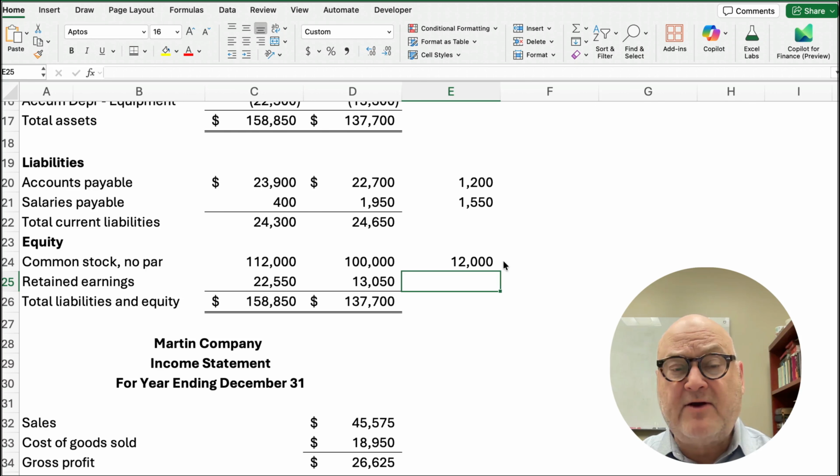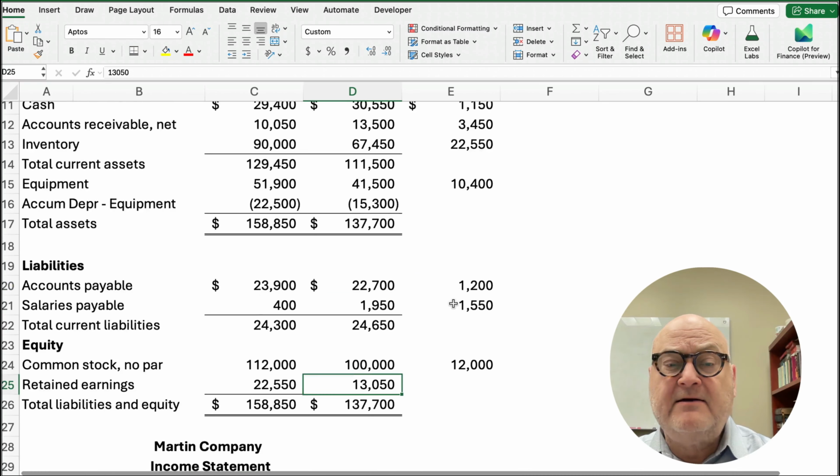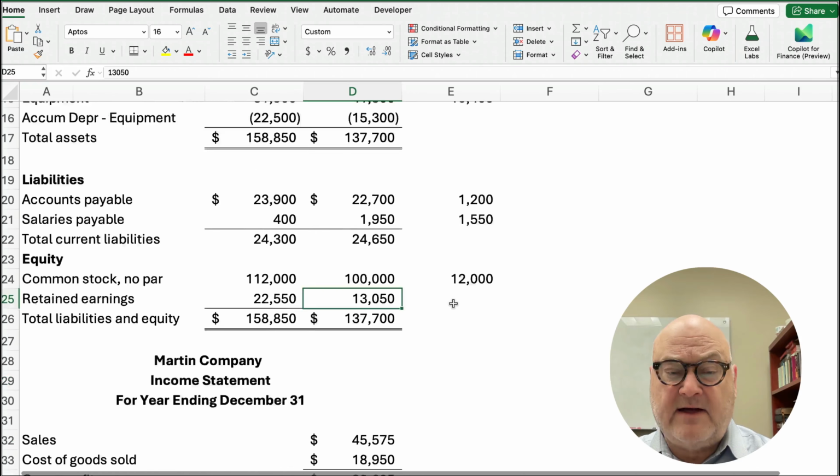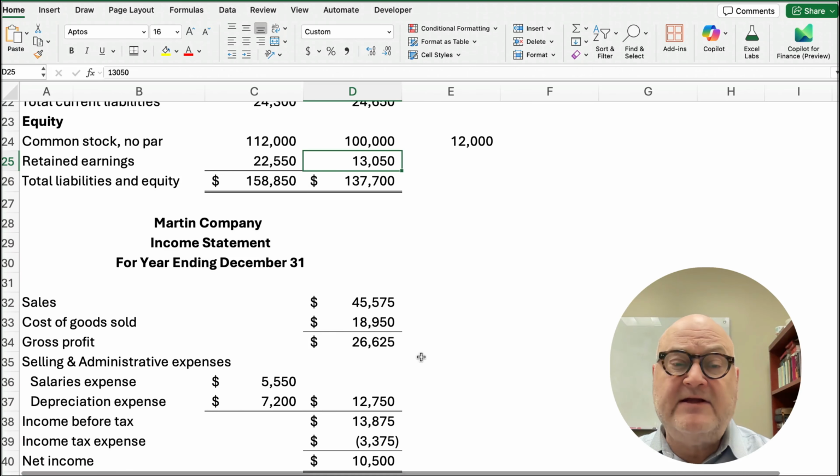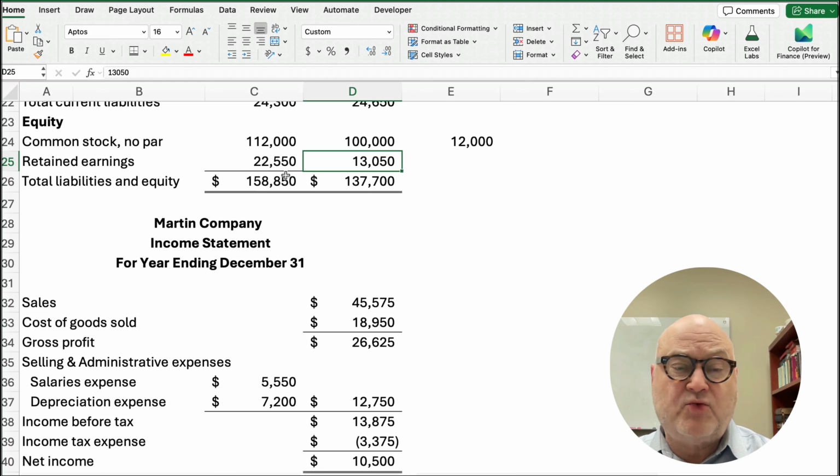Now watch, retained earnings goes up with net income, but it goes down with dividends. So this should explain if we take 13 plus the income of 10,500 minus the dividends, and we'll see we get that 22,000, okay? So it goes up by about 9,000 or so.